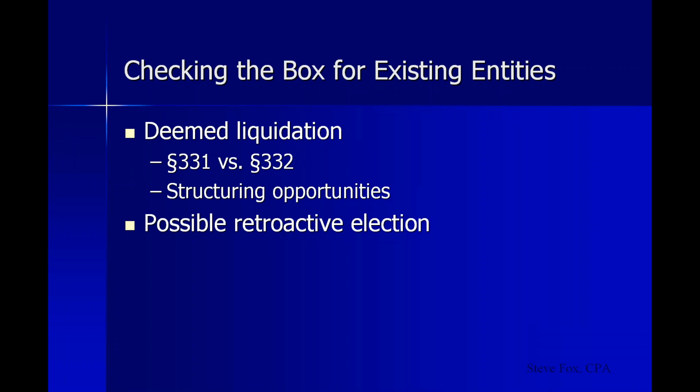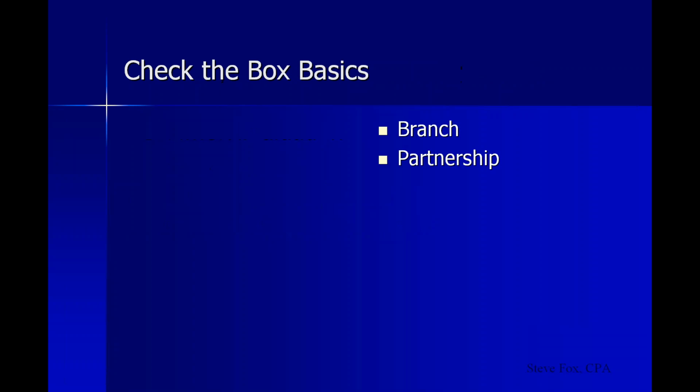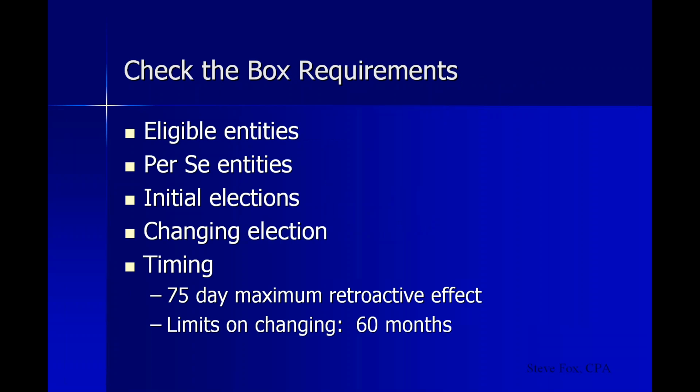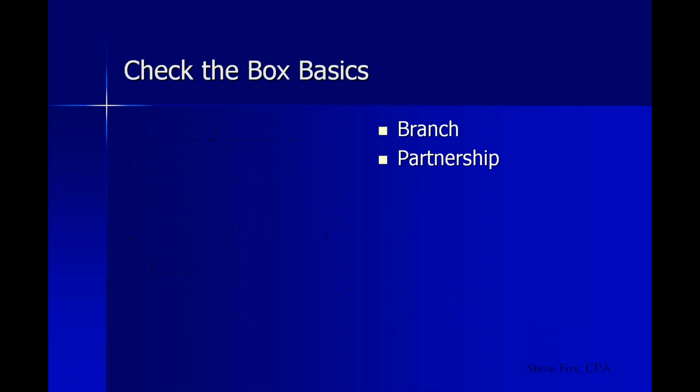There's some neat opportunities that present themselves here. And there's another neat opportunity too. If I want to check the box up to 75 days ago, I can do so. I don't have to do it the minute I want it to be effective.